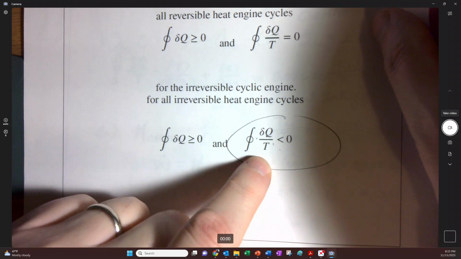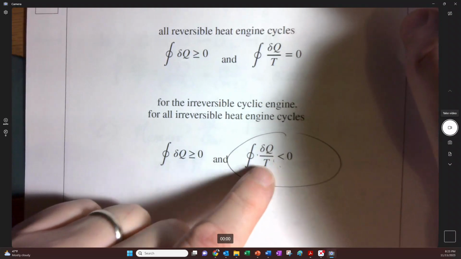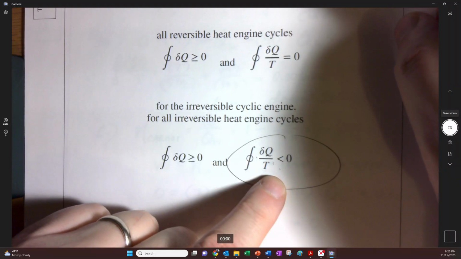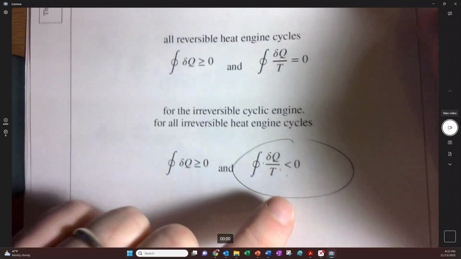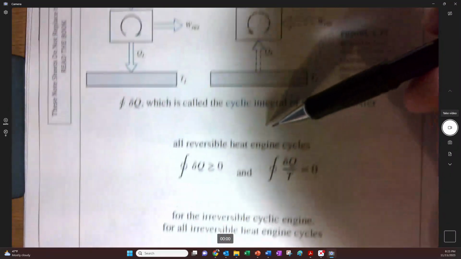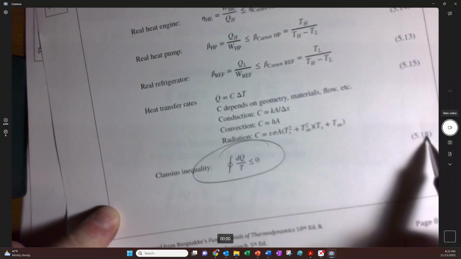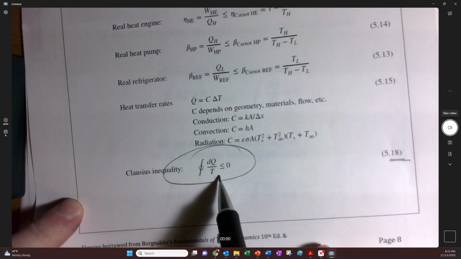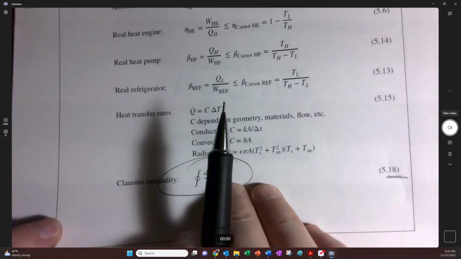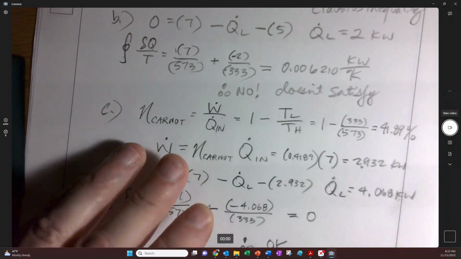Maybe we should say that it violates it, because the Clausius inequality says it will be less than. Is there any place that officially says? Let's take a look at the last page of these notes. There's where it's written down. Equation 5.18 in the book says less than or equal to. So that makes our decision for us: yes, it obeys it.